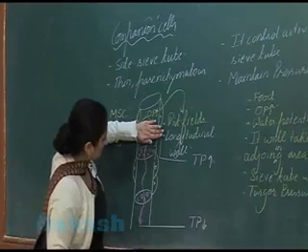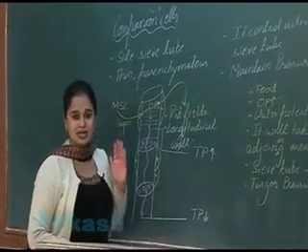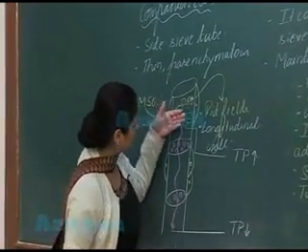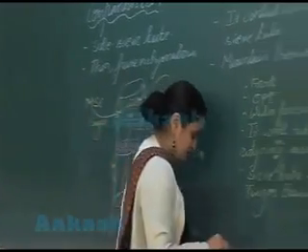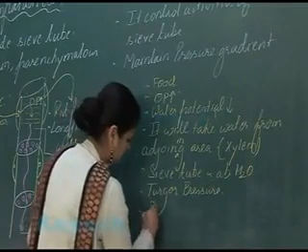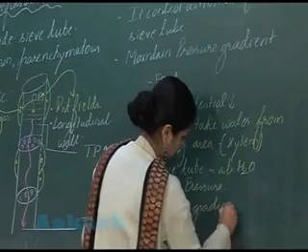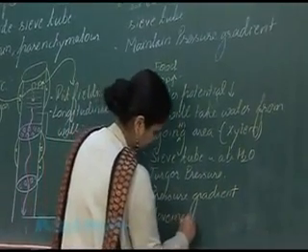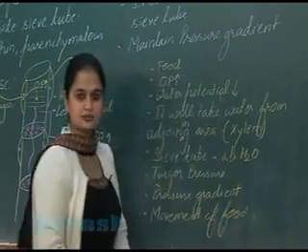यहाँ पर टर्गर प्रेशर ज्यादा, यहाँ पर प्रेशर कम, gradient बना. Due to this gradient, now the food is pushed from this end of the sieve tube to this end. So this helps in the formation of a pressure gradient, which results in movement of food.